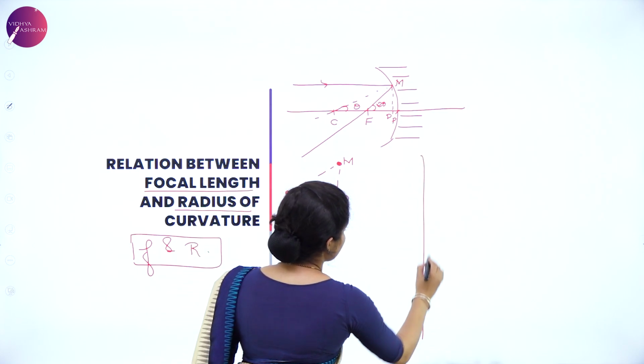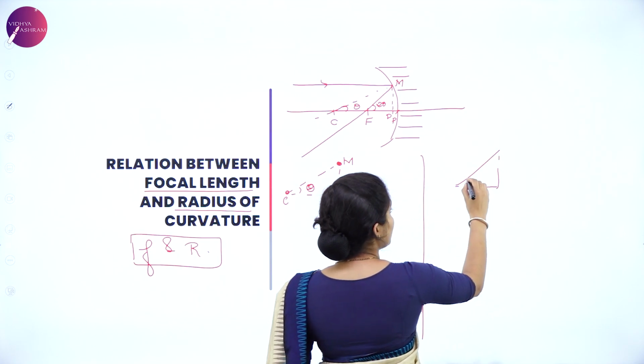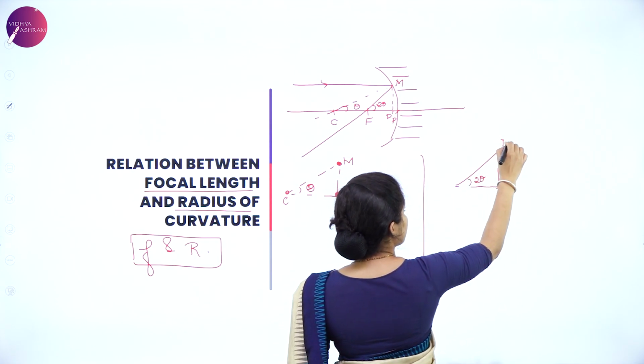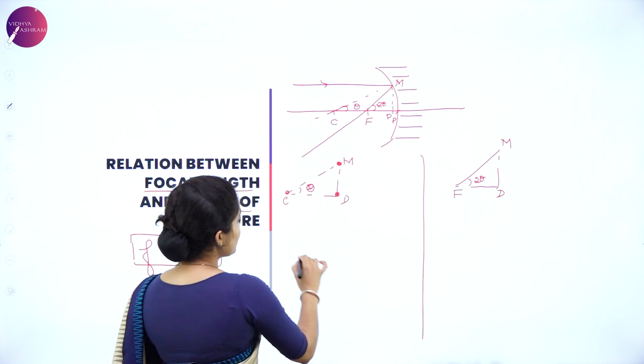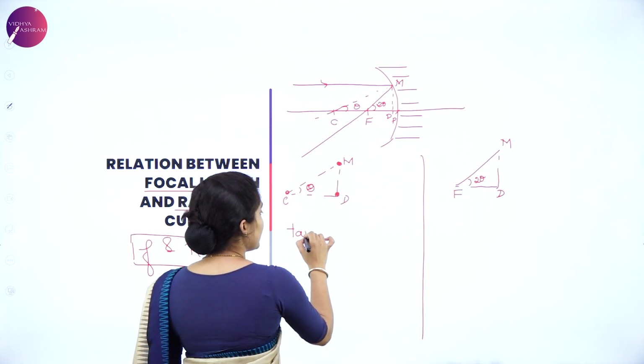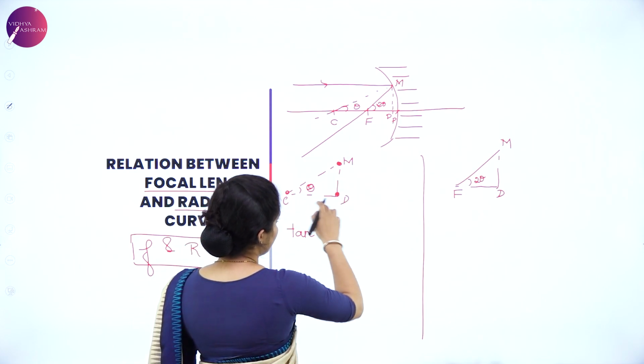And we have another triangle, which has 2 theta. It has M here, D here, and F here. Now considering the tan function, tan theta is equal to opposite by adjacent.